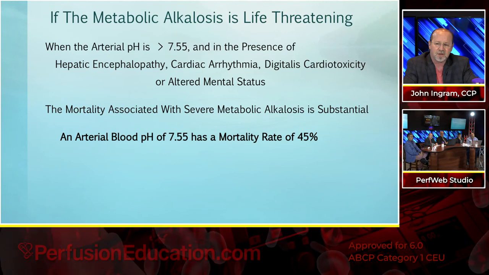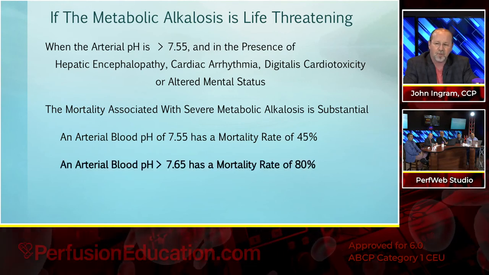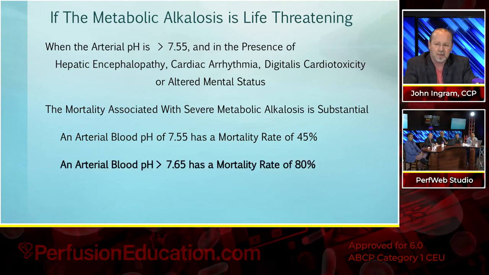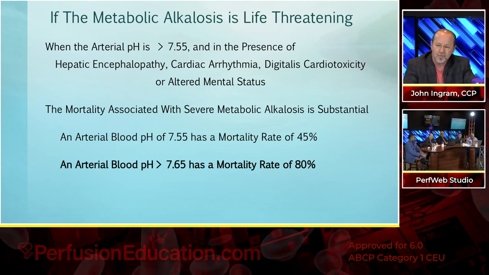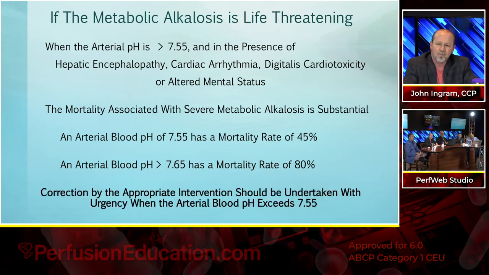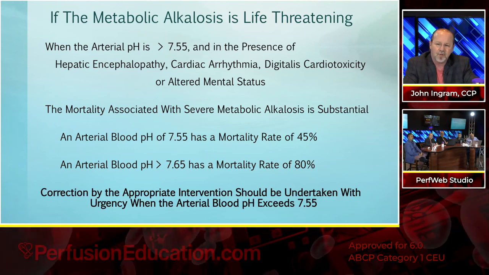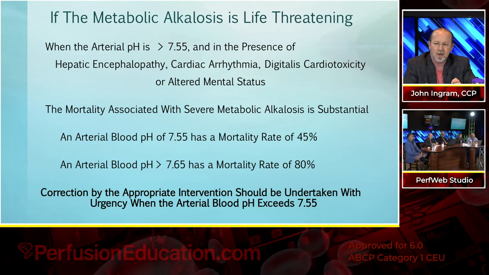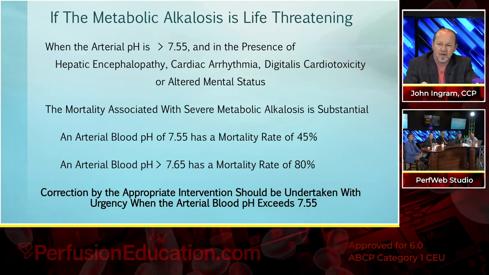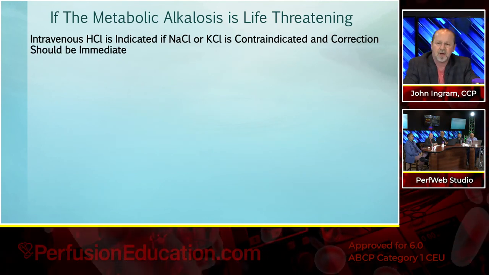Mortality rate can be as high as 45%, and over 7.65 as high as 80%. So you're going to have these metabolic dysfunctions going on, Joe. So correction by the appropriate intervention should be undertaken with urgency when the arterial blood pH exceeds 7.55 because of this high percentage of mortality.